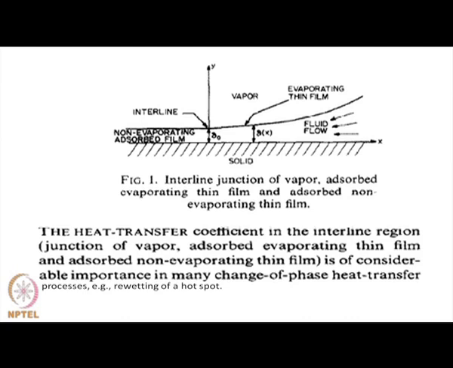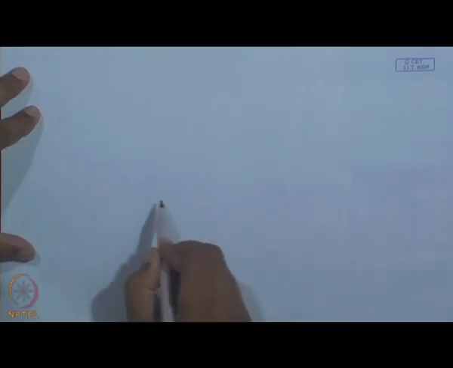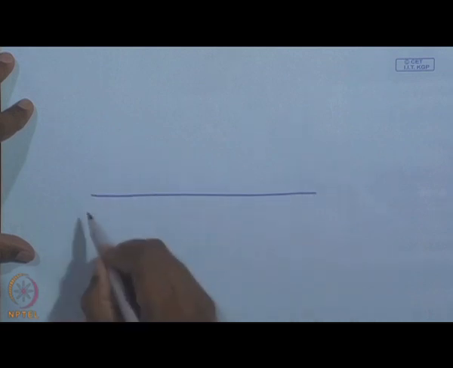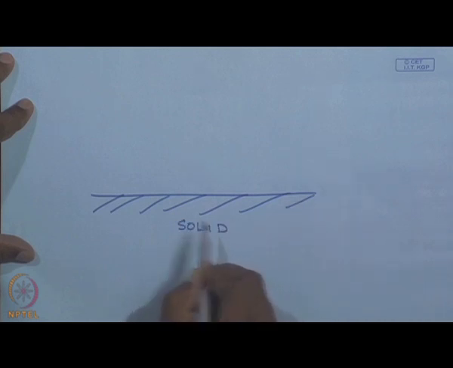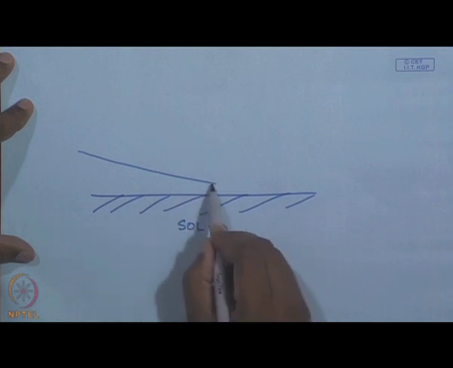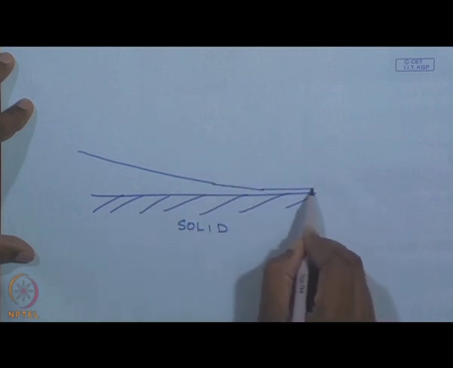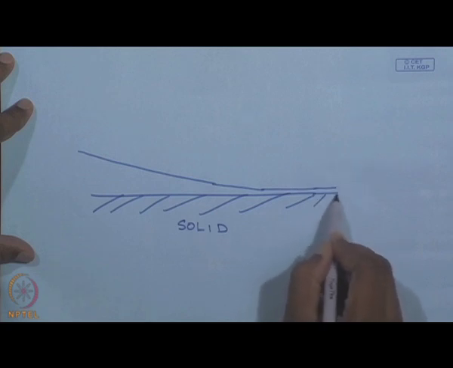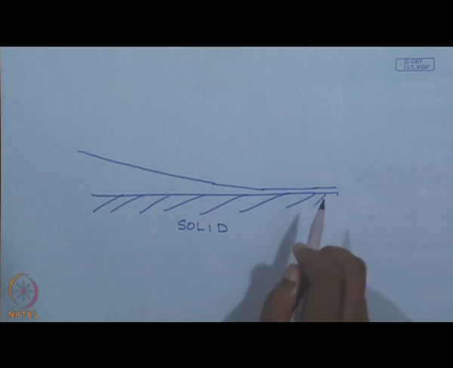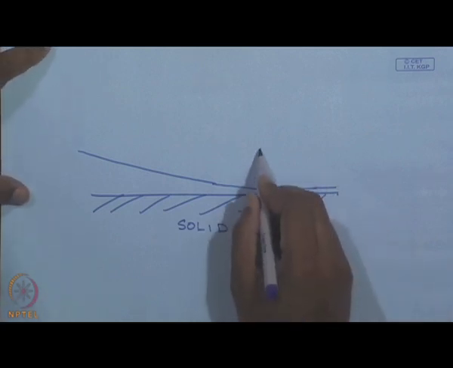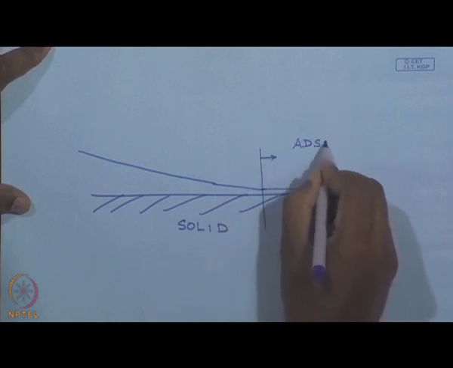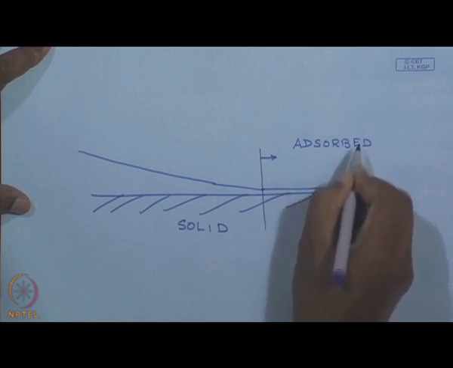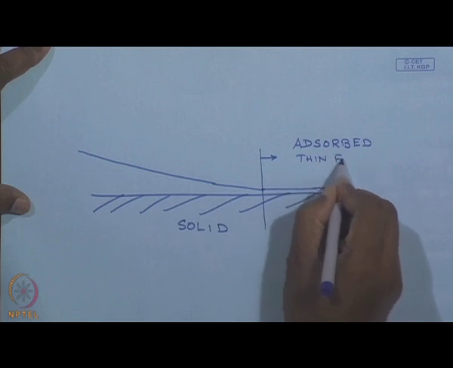If you look carefully, we can also draw this to describe in more detail what happens to a film. Let us say this is the solid, and I have a film which extends and then forms a stable wetting film. This region of the film is called the adsorbed thin film.